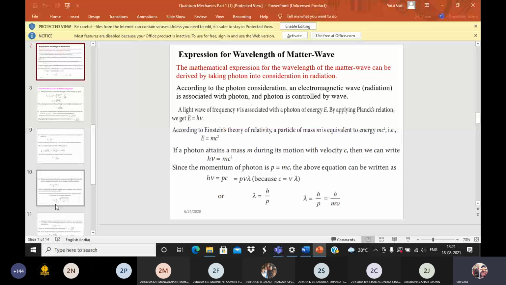What about h and m? They are all constant values, they are not given in the problem. You should remember those values: Planck's constant h is 6.62 into 10 power minus 34, and the mass of the electron is 9.11 into 10 power minus 31 kilograms.